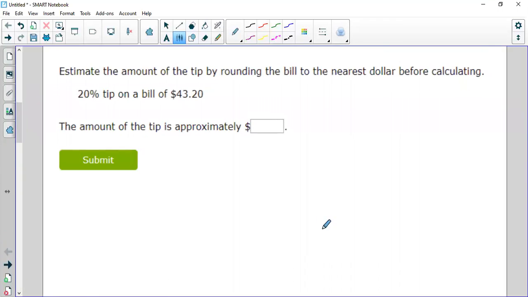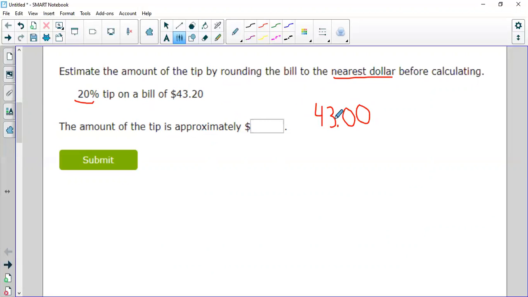Here we go. Estimate the amount of the tip by rounding the bill to the nearest dollar. So I'm going to figure out what they want me to round to: the nearest dollar, and they want me to do a 20% tip. All right, $43.20, nearest dollar would be $43, cutting off the 20 cents because 20 doesn't tell me to round up; it tells me to leave the 43 alone.